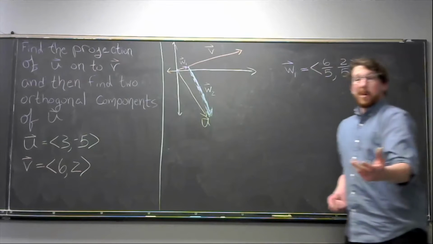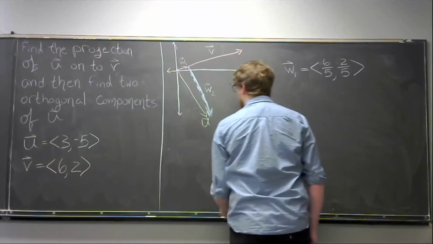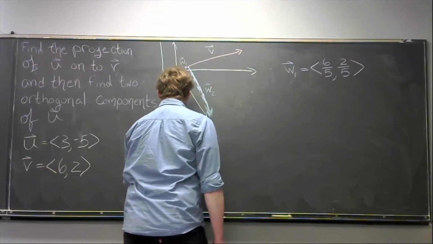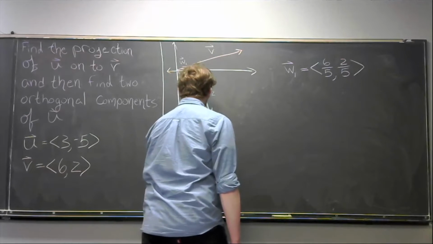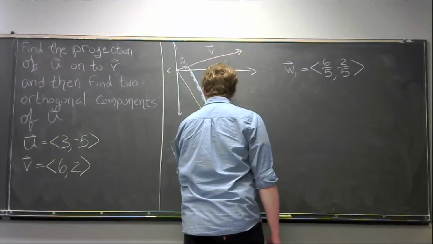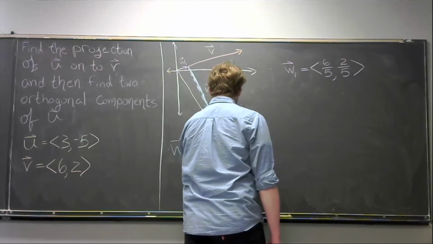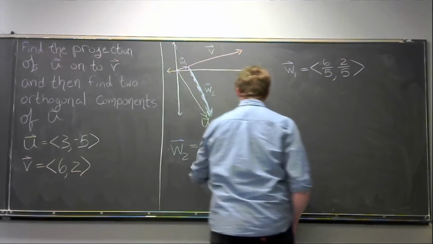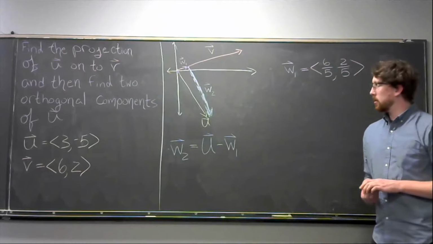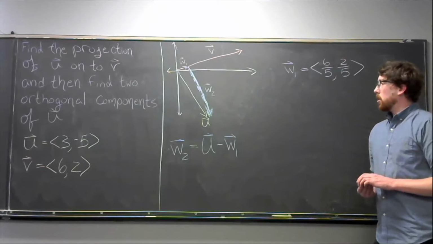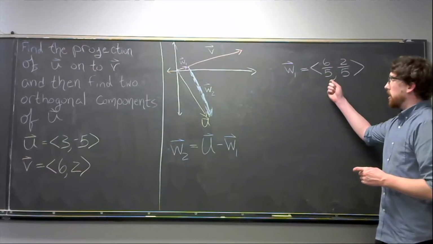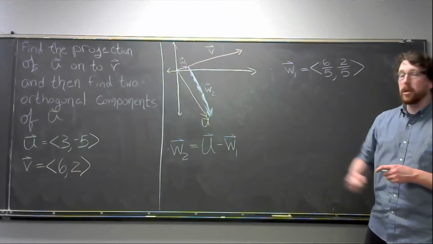We want to find that missing part, right? Well, we know that W2 is equal to the vector u minus W1. Well, we know what W1 is, we just found that, and we know what u is.